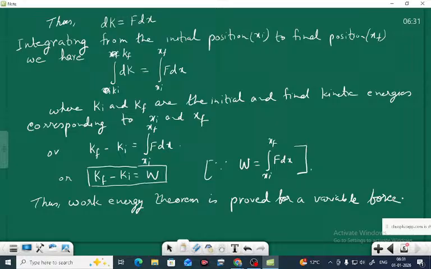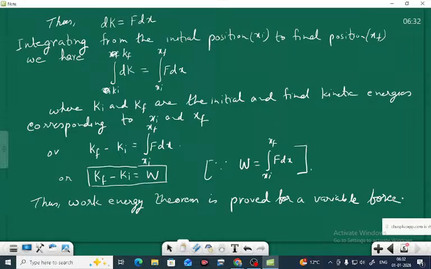Proved for a variable force. And here we see that while the work energy theorem is useful in a variety of problems, it does not in general incorporate the complete dynamical information of Newton's second law. It is an integral form of Newton's second law.